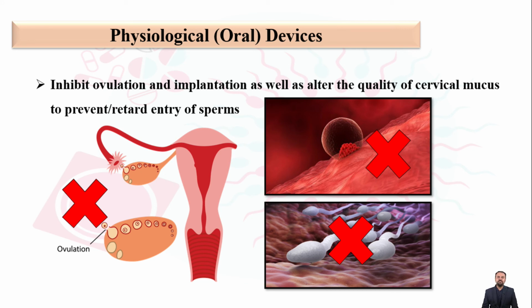Generally, these pills inhibit ovulation as well as implantation, and they also alter the quality of the cervical mucus to either prevent or slow down, that is retard, the entry of sperms.